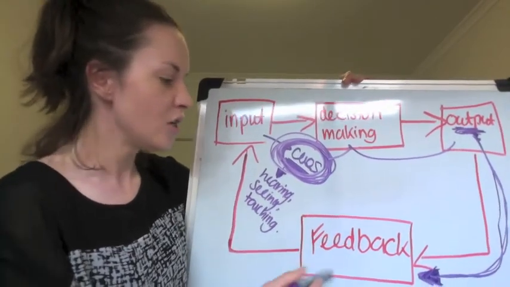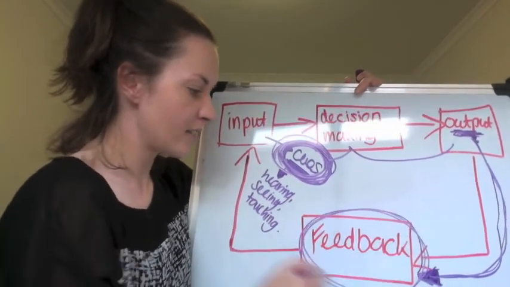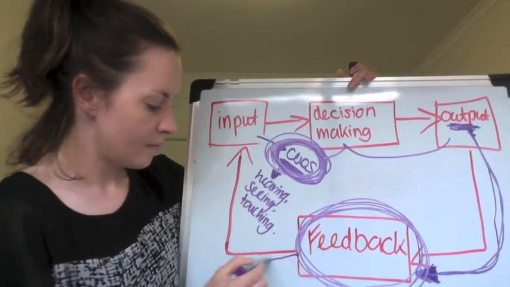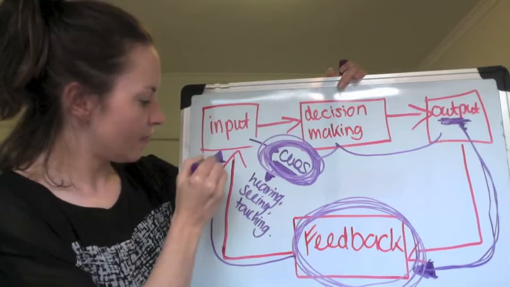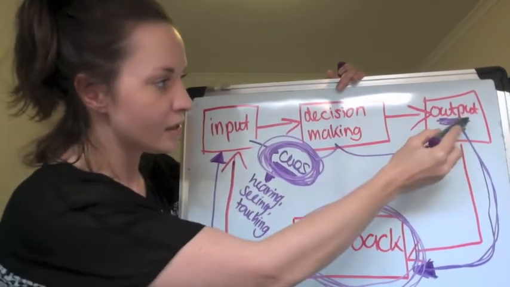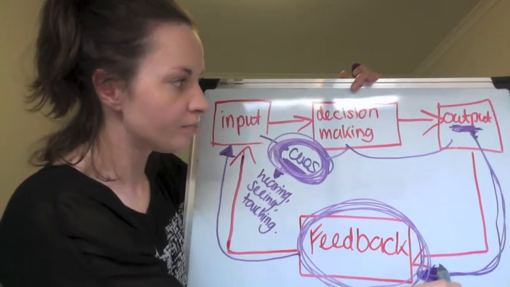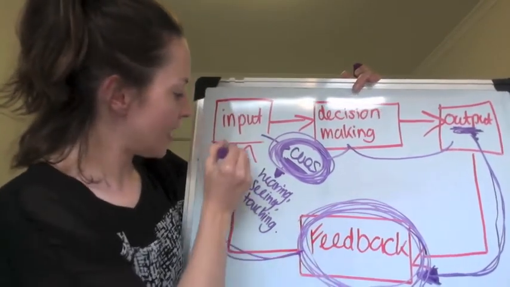go back to here. So once the player receives their feedback, this consequently can then impact the input again. So the skill that they decided to use was successful, they might consequently decide to use that again.